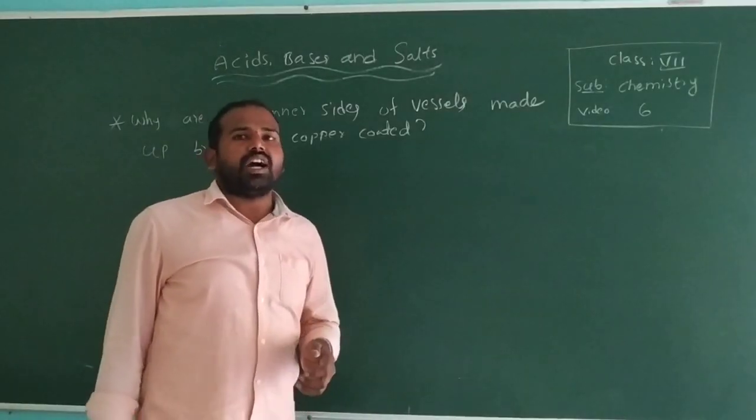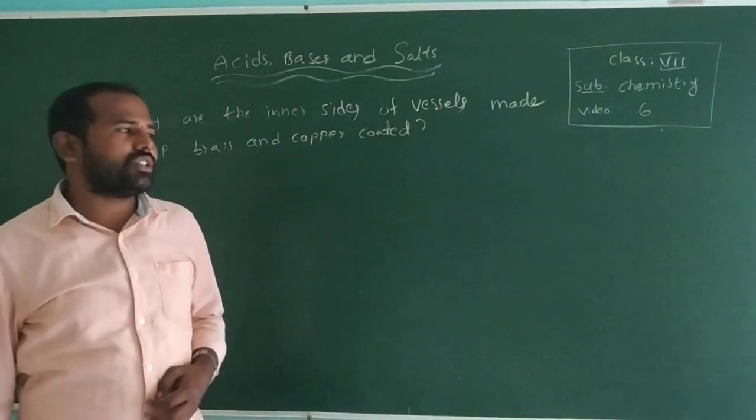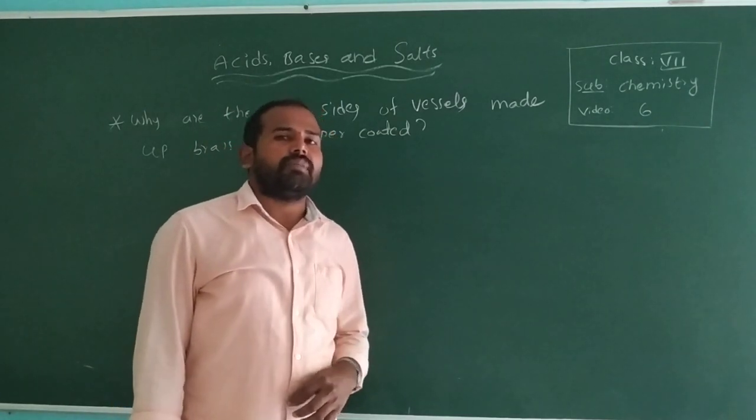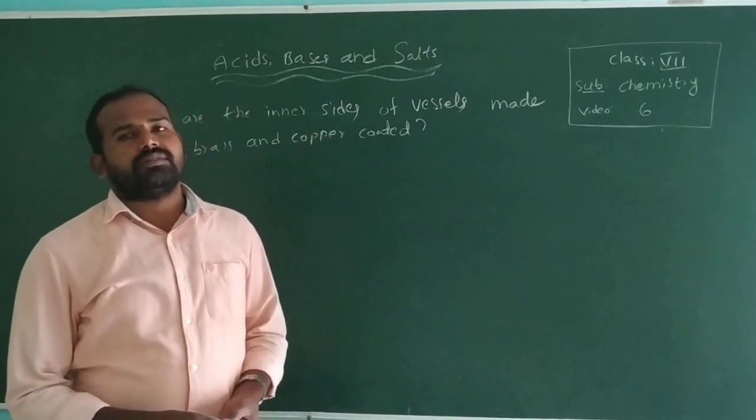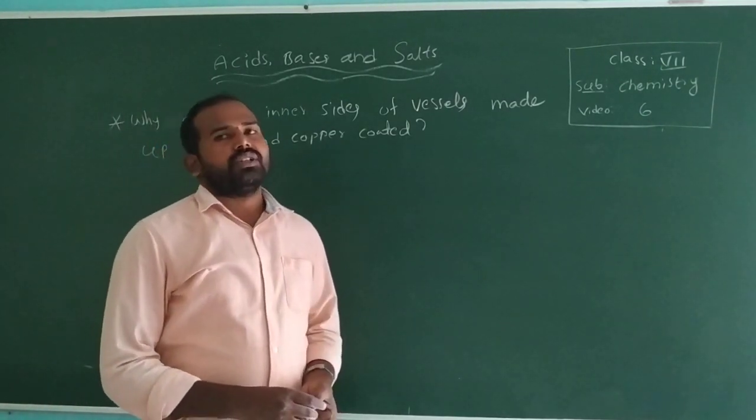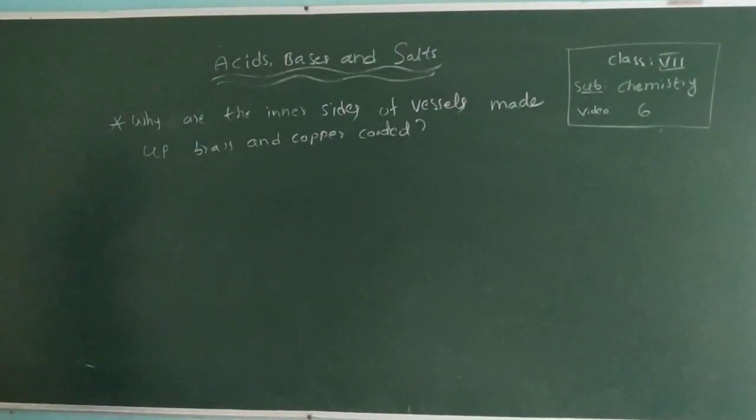Foodstuff preserved in a copper vessel for a long time generally contains some acids, and those acids can react with the copper. By the reaction between the acids in the foodstuff and the copper, a blue-green compound forms. To avoid this reaction, the inner walls of the vessels are coated with tin.